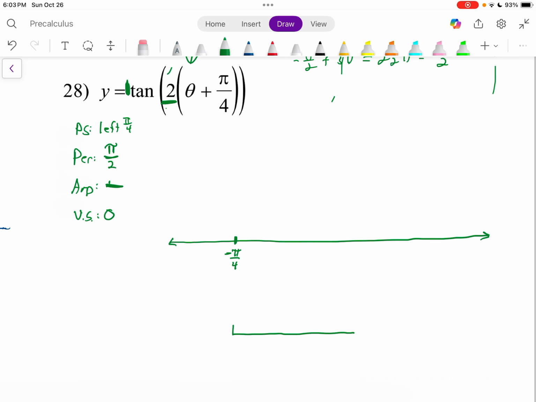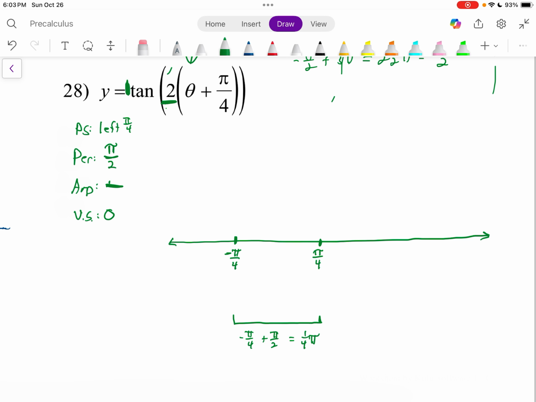Pi over 2 is pretty short, so let me shorten this up a little bit. And we can put it kind of wherever we want, but there's going to be our end. We're going to take negative pi over 4 plus pi over 2. Well, that's a negative quarter plus a half, which is a quarter. You can get a common denominator and verify that if you need to, but our ending point is at a quarter.